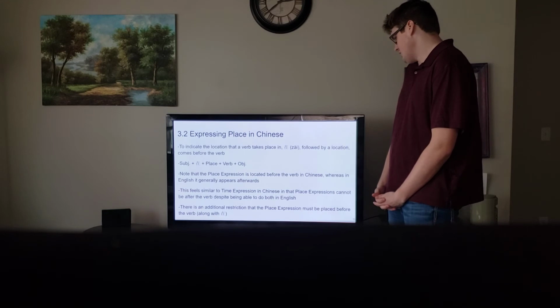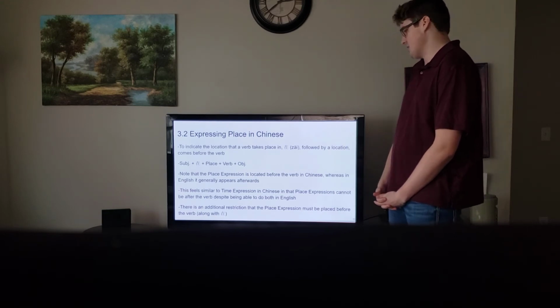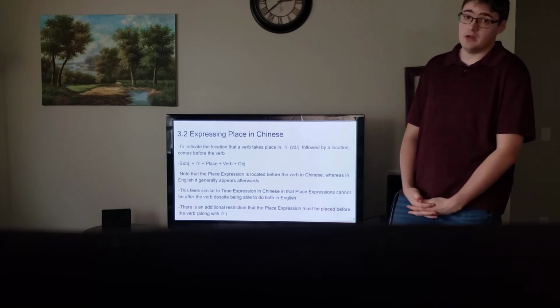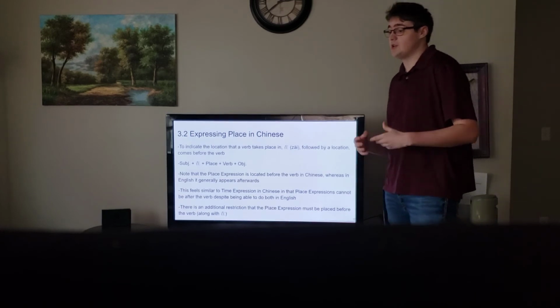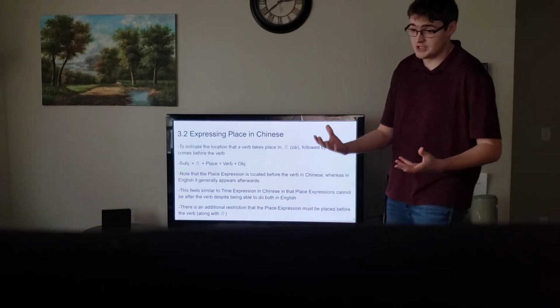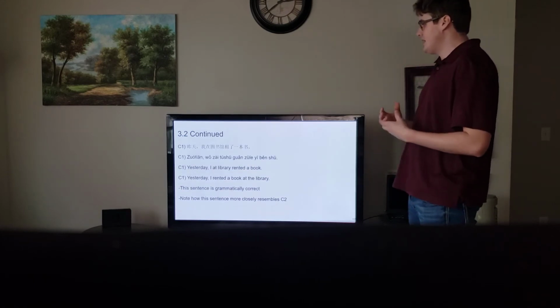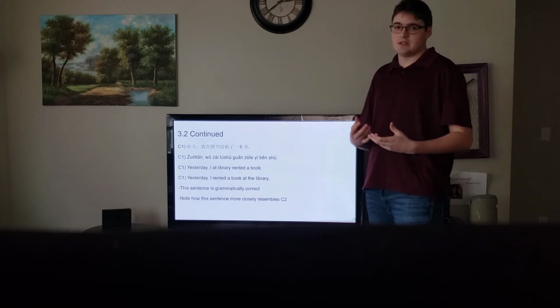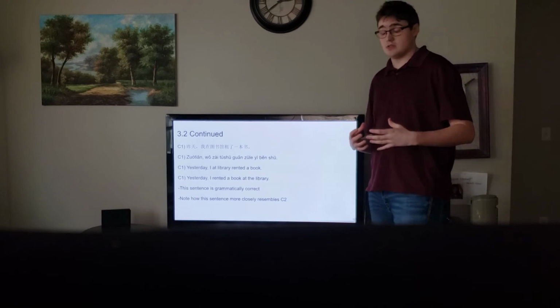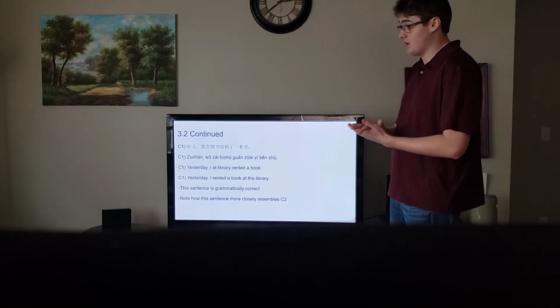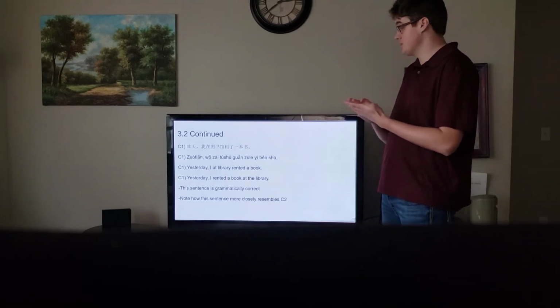There's an additional restriction that the place expression must be placed before the verb along with zai, and that is the point that I just now noted. You can take a look at the 3 example sentences in Mandarin Chinese, extrapolate them out, and see if they follow these rules that have been presented.